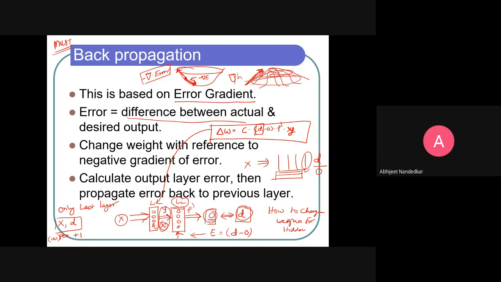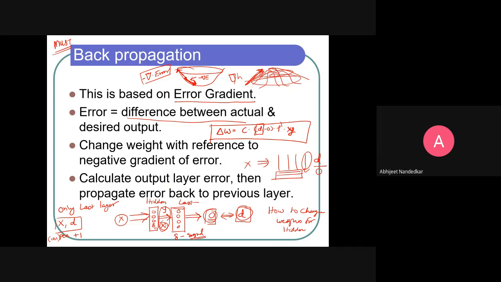Now the concept for this is that if this is the situation, you have to train, say, 2 layers or more layers. What we are going to do is use our simple delta learning rule for the last layer, and for hidden layers we are going to create or generate some delta signal, which is actually the error signal.